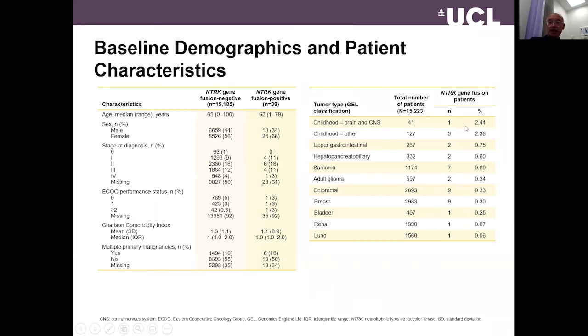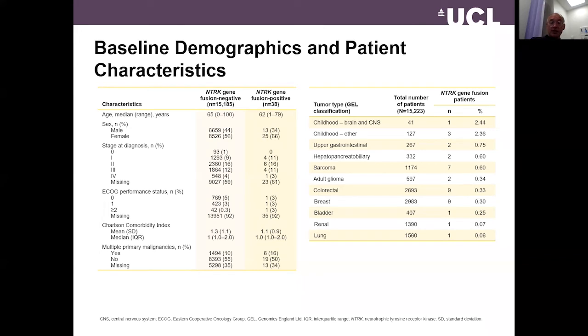These fusions occur in something like 2% of childhood cancers, brain and otherwise. And then in adult cancers, which is everything else apart from the top two rows, the incidence is below 1%. In lung cancer, it is well below 1%, 0.06%.